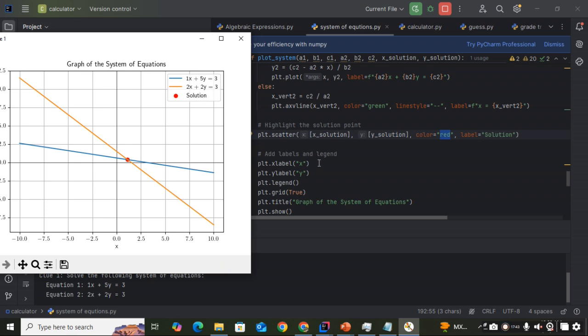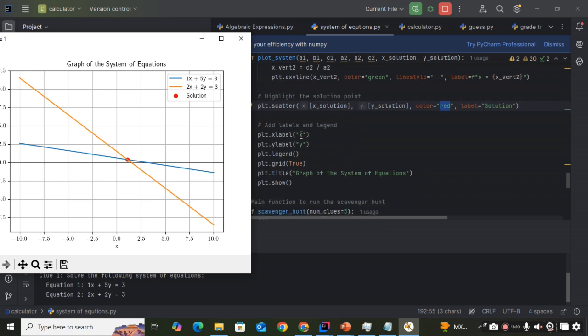So the x solution and the y solution, we point it here. The solution is 1 and 0.3, as you can see in the lower right portion of my plot. We have the x and the y label.